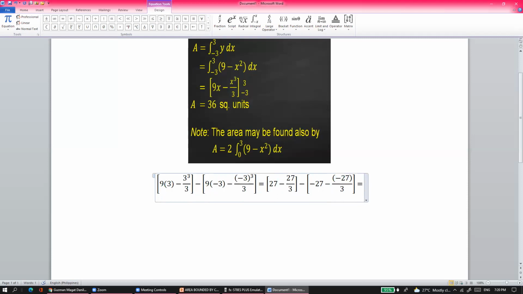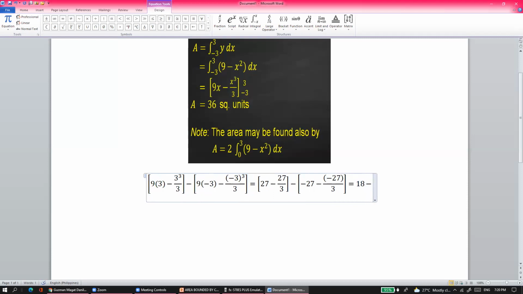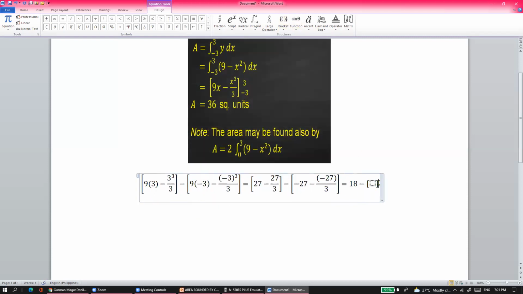So, equal 27 minus 27 over 3. 27 over 3 is 9. So, 27 minus 9, I think, is 18. And then minus. Okay? So, parenthesis ko muna to, or bracket. So again, we have negative 27 in this blank. Negative 27 divided by 3 is negative 9.